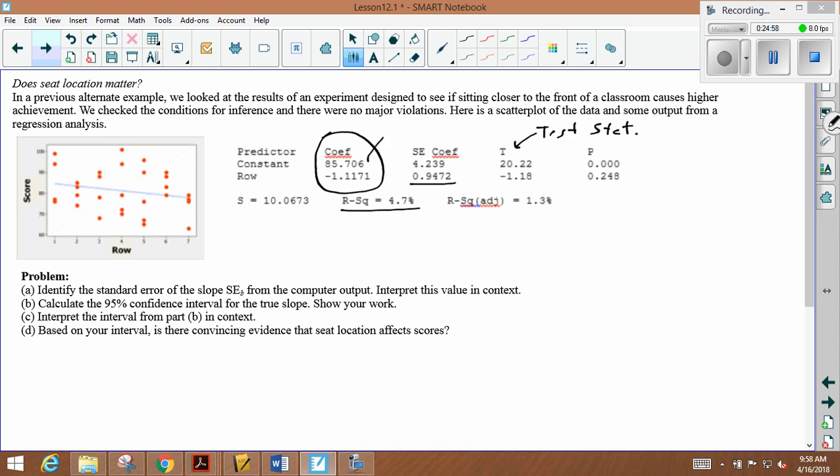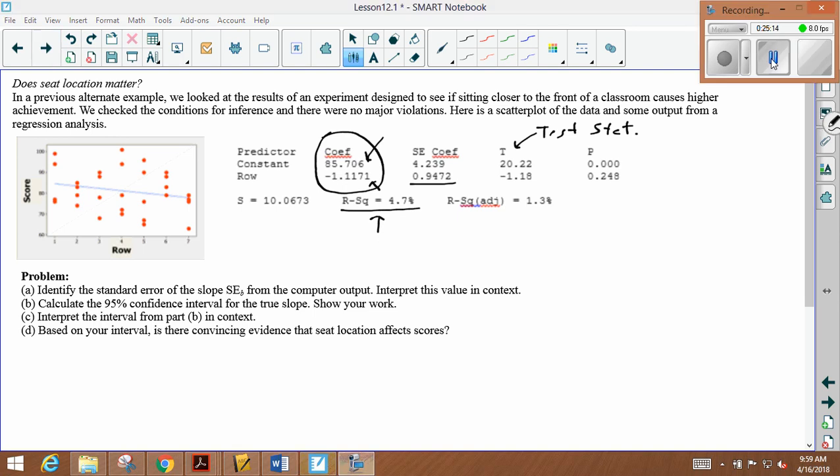This is our y-intercept. That's our slope. We get what r squared is, and from that we can find our r value by taking the square root of the decimal value of that number. So we can find our correlation. Okay, so the standard error of the slope, SE.